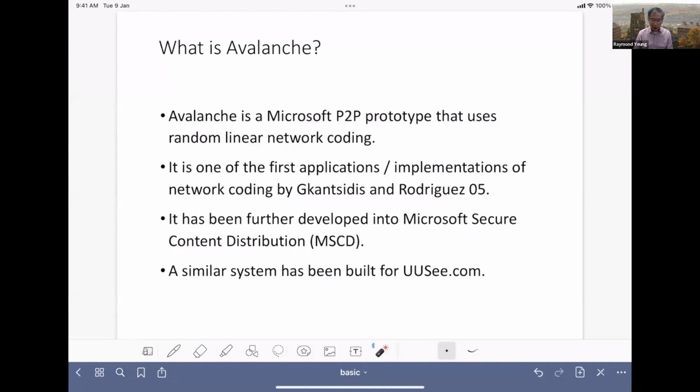It was in fact one of the first applications or implementations of network coding, and it was further developed into a software package called Microsoft Secure Content Distribution that was used for software update. A similar system has been built for a Chinese content distribution company called UC.com.